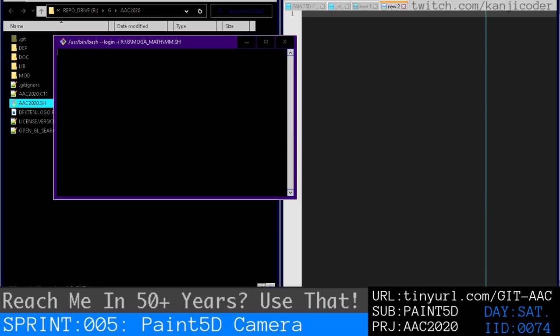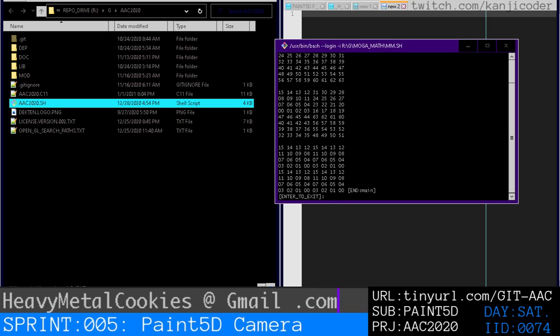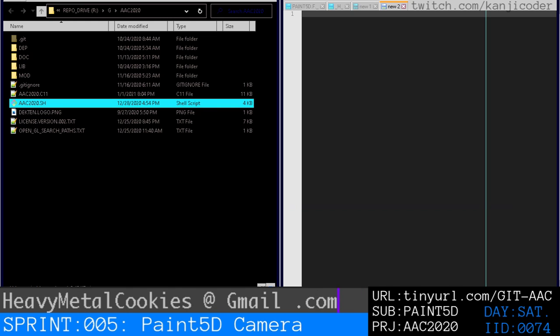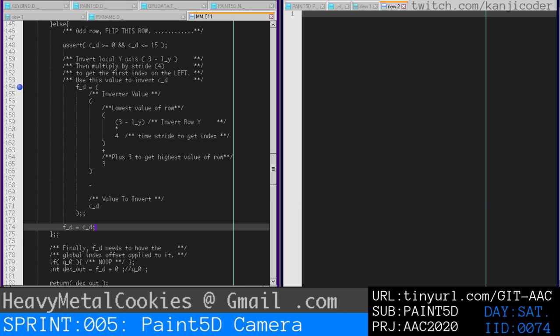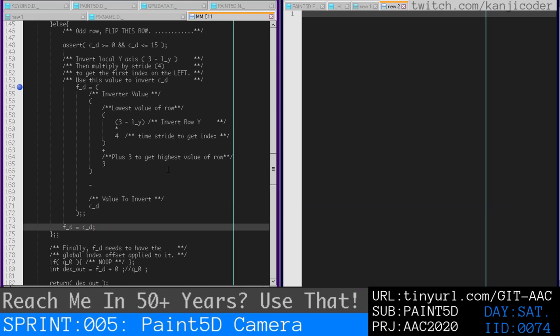Before we apply that transformation, what do we got? 15, 14, 13, 12, 11, 10, 9, 8, 7, 6, 5, 4, 3, 2, 1, 0. Okay, so that all makes sense. So it is this math here, something's wrong with it.